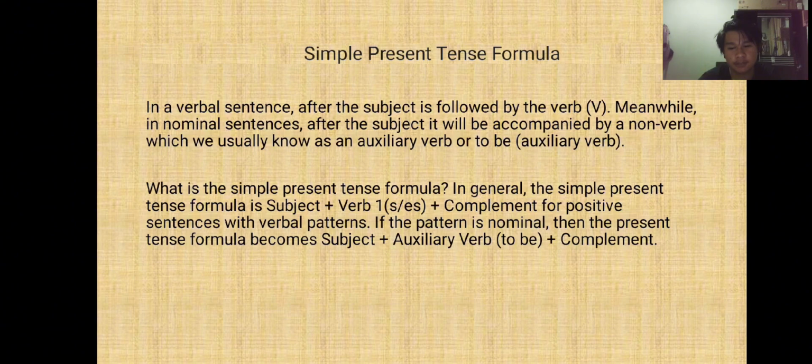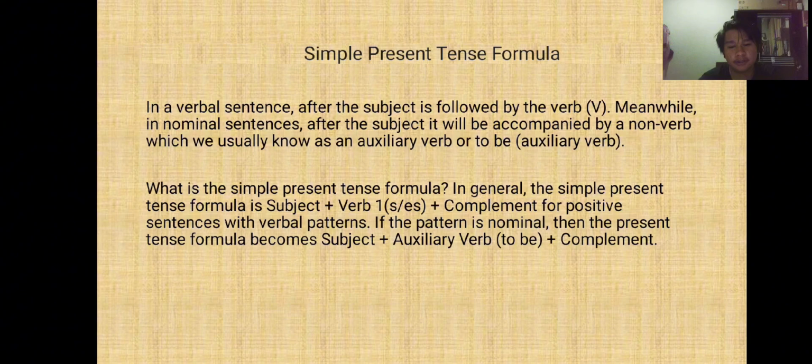What is the simple present tense formula in general? The simple present tense formula is subject plus verb 1 plus s or es plus complement for a positive sentence with verbal patterns.